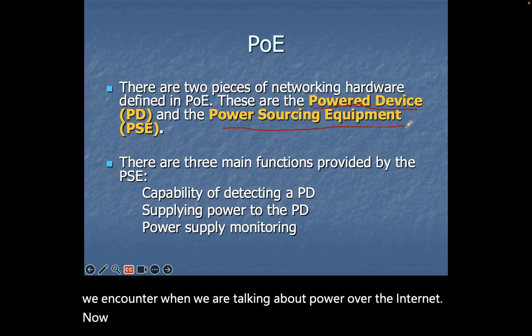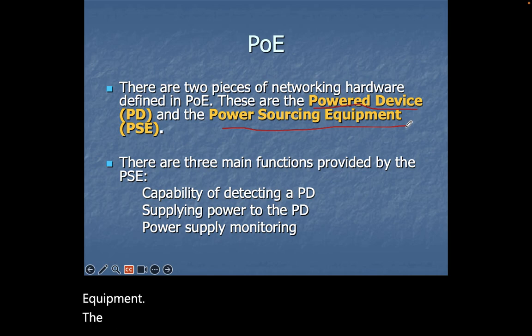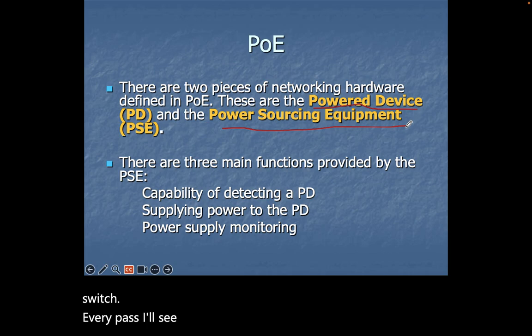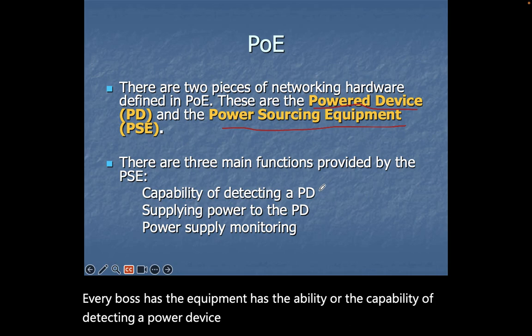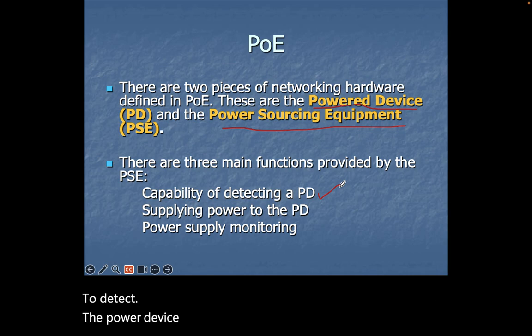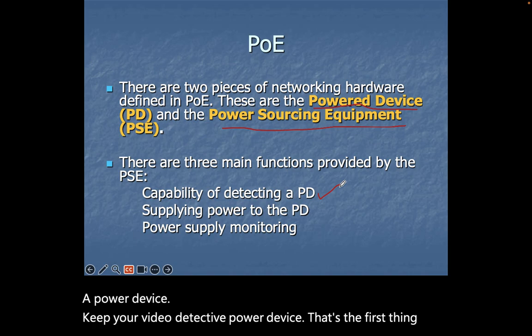Now, there are three main functions provided by power source equipment. The first is that every power source equipment, like a switch, has the capability of detecting a powered device.